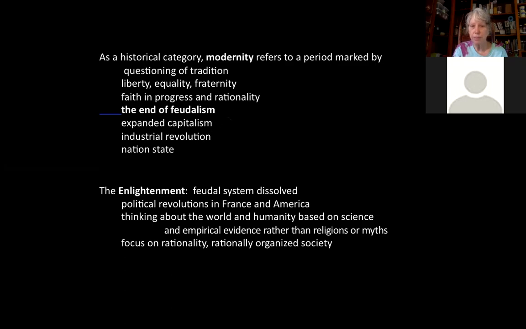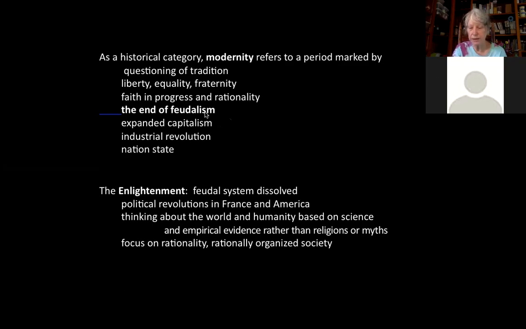And then a faith in progress and rationality. What does that mean? Well, a revival, and this happens periodically in history, in the Renaissance and so on, of an interest in science and rationality as opposed to just blind faith. That is, being able to figure out how the universe works and put that scientific knowledge in the service of humanity.